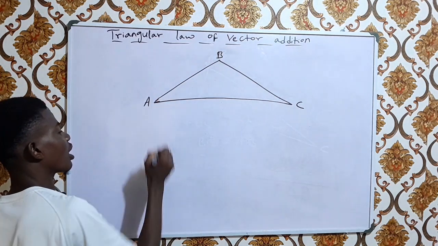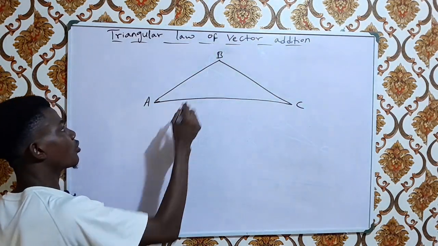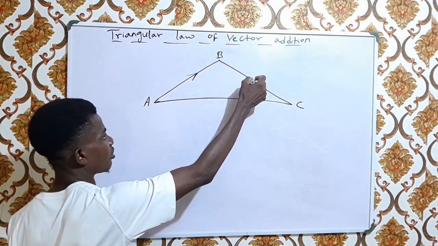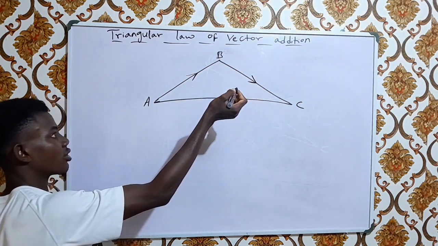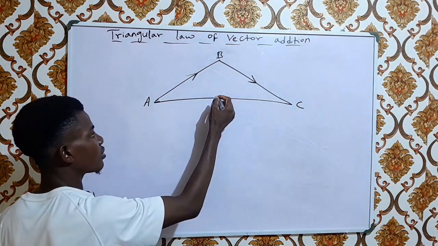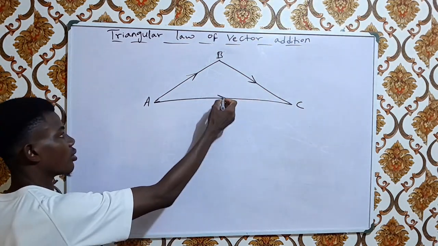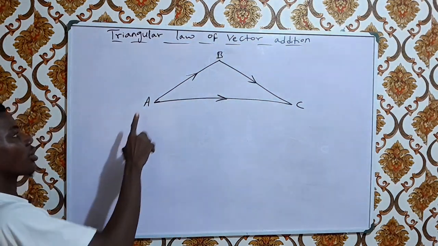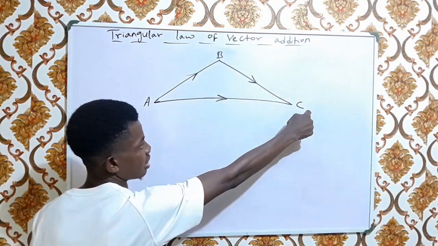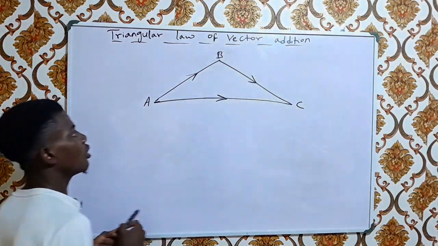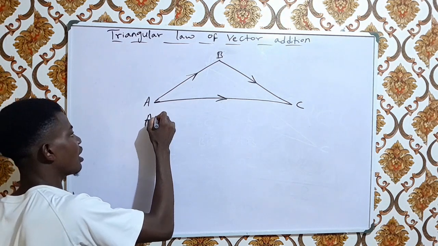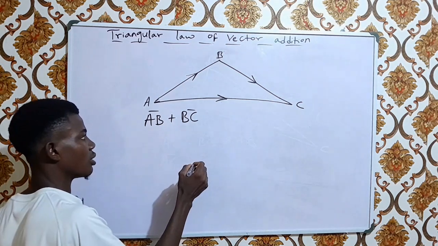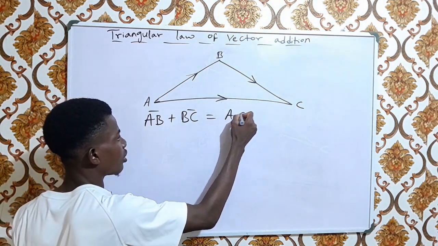Now, the triangular law of vector addition states that the sum of two vectors moving in the same sense, this one is moving like this, it can turn and move like this, not in the opposite direction, is the vector what? AC. So a vector represented by AB and BC is the vector AC, which implies that vector AB plus vector BC, from definition, is equal to vector AC.